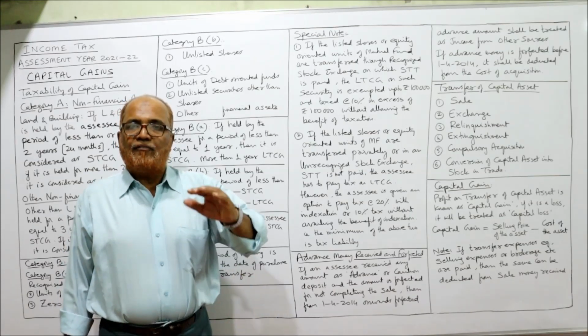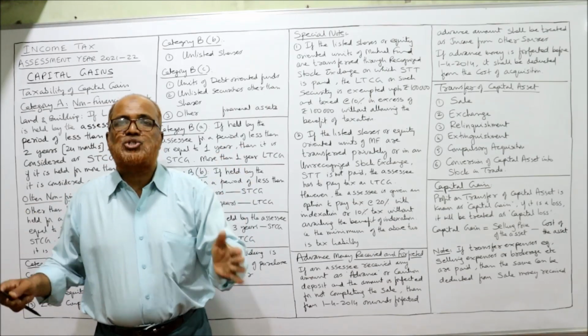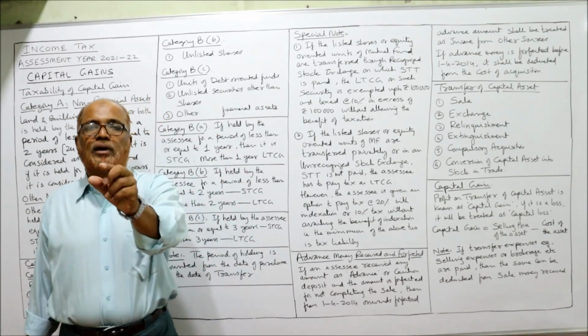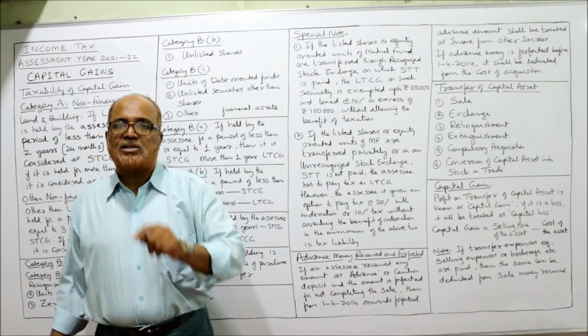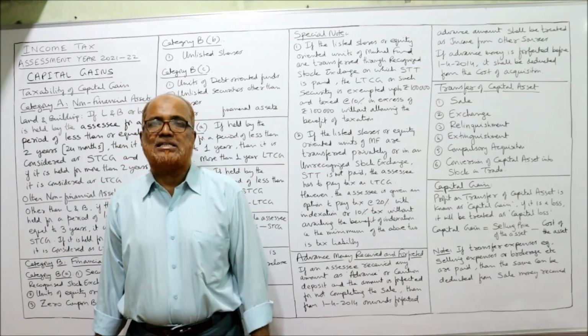In India, whenever a security is transferred in a stock exchange, at that time STT will apply. Security Transaction Tax will be applied on those transfers which are taking place in a stock exchange.